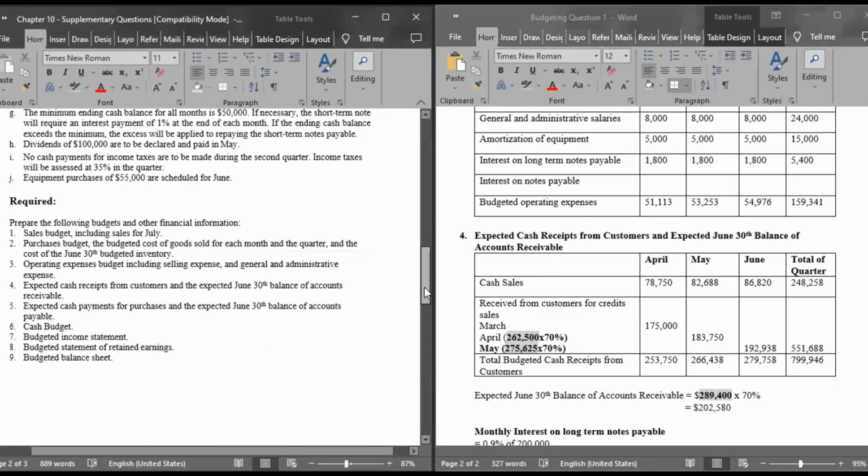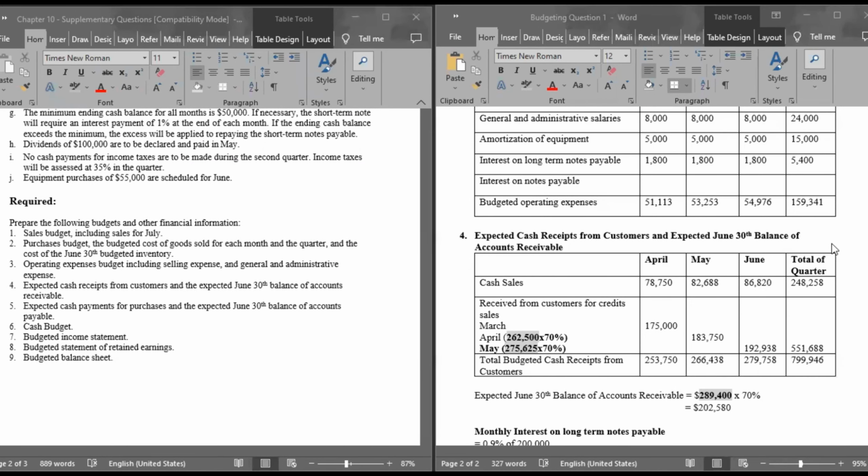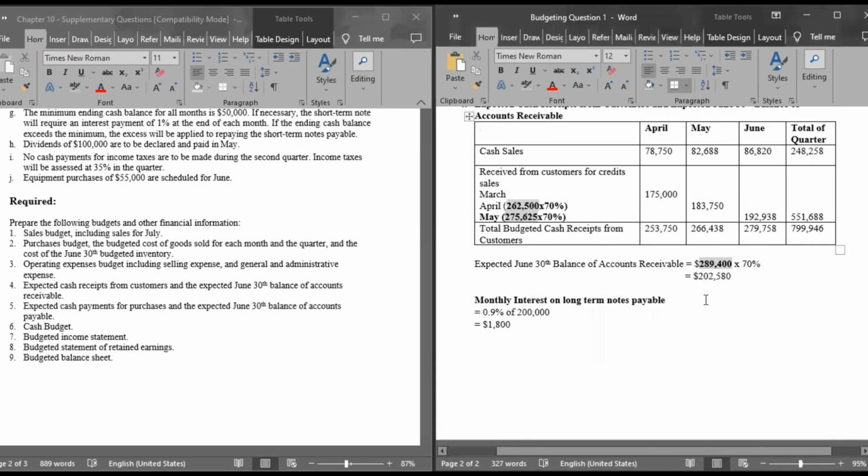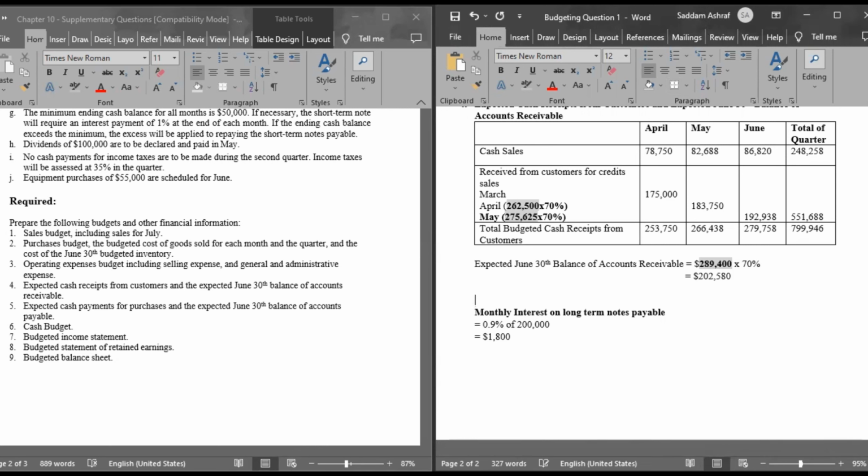Then the next requirement is the fifth, expected cash payment for purchases. In the fifth requirement, the instructor is asking to prepare expected cash payments for purchases and the expected June 30th balance of accounts payable.